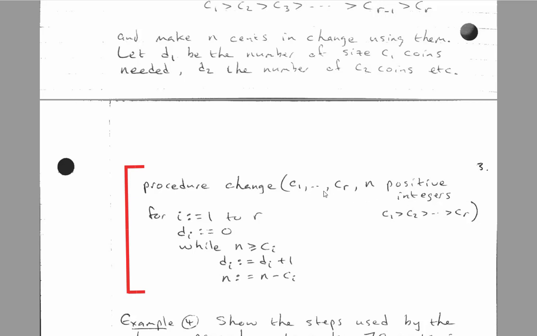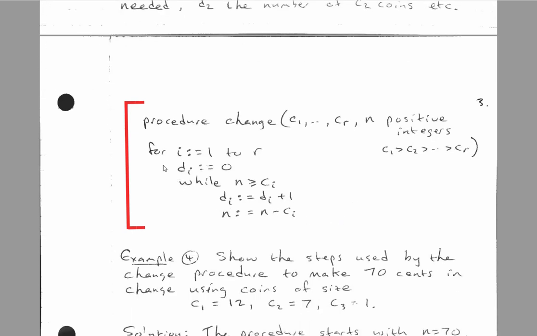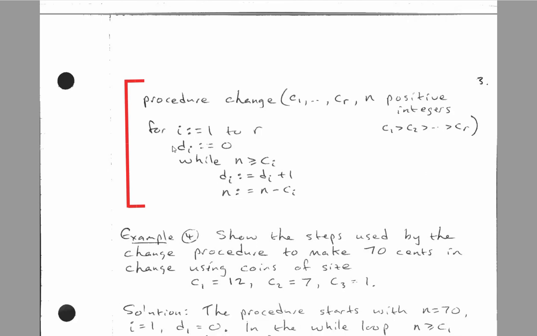These are positive integers, and C1 is the biggest coin type, so decreasing order. One way to do it: I is looping from 1 to R. We're going to start with C1, the biggest coin, first.